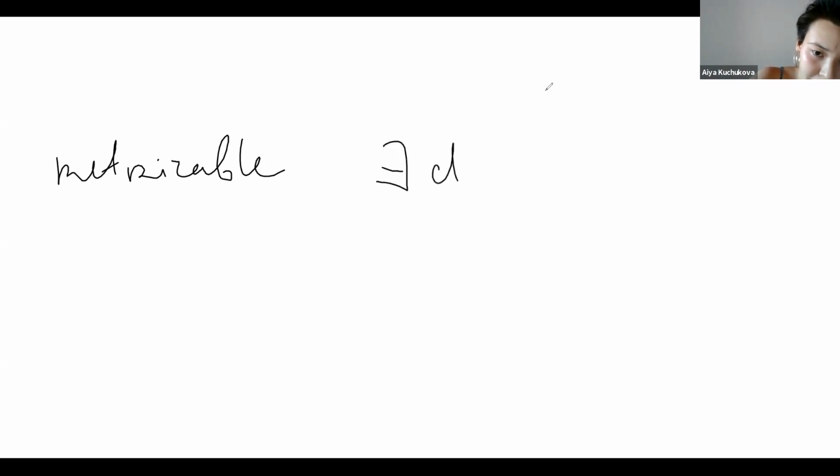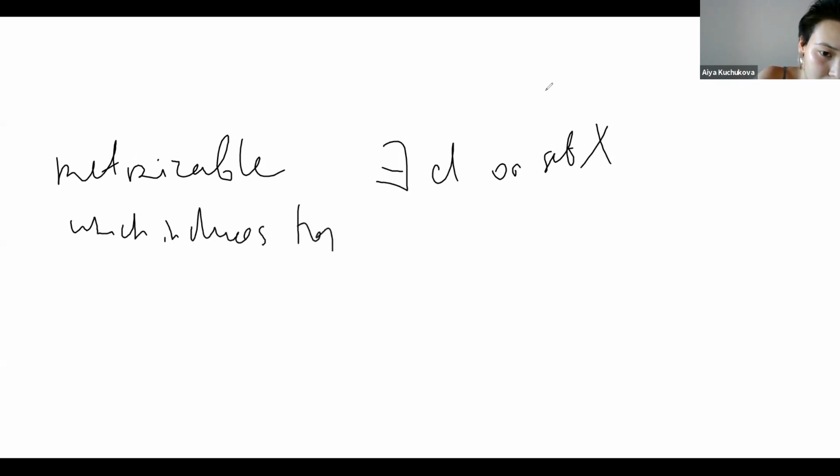Okay, and so if X is a topological space, X is said to be metrizable. What an ugly word though. Metrizable if there exists a metric d on the set X which induces the topology on X. Sorry for my handwriting.